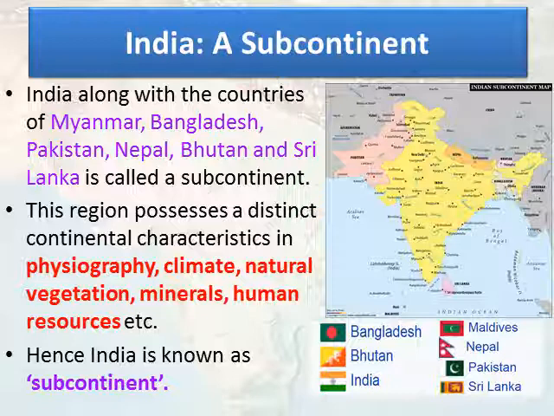So dear children, India along with the countries of Myanmar, Bangladesh, Pakistan, Nepal, Bhutan and Sri Lanka is called a subcontinent. That is, this region possesses distinct continental characteristics in physiography, climate, natural vegetation, minerals, and human resources.